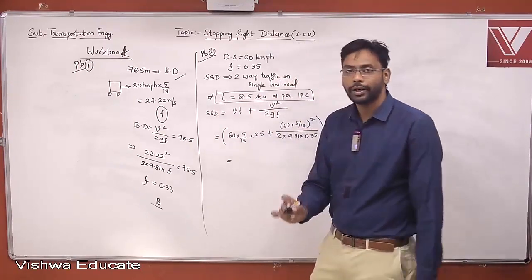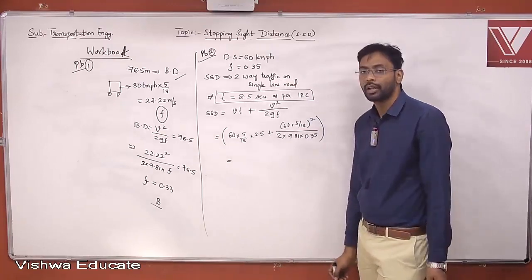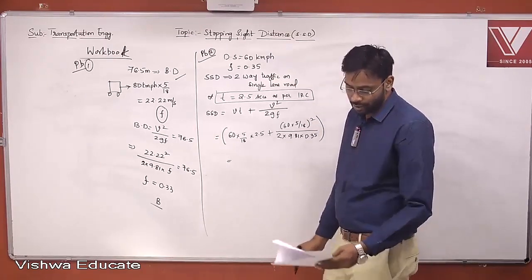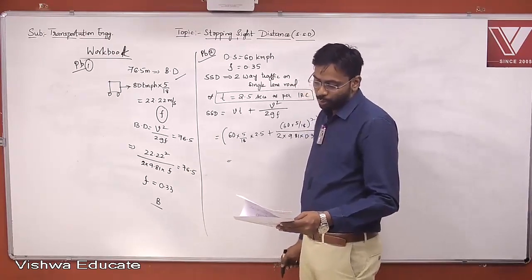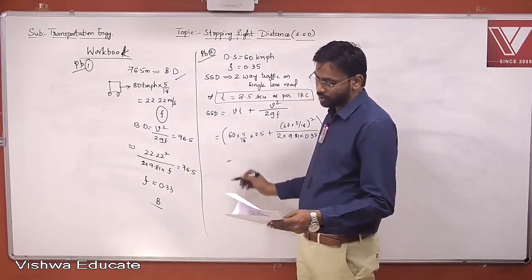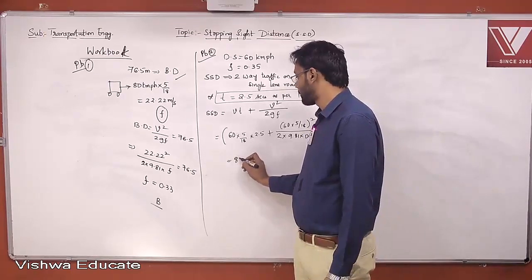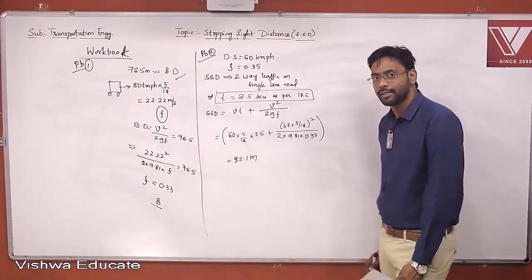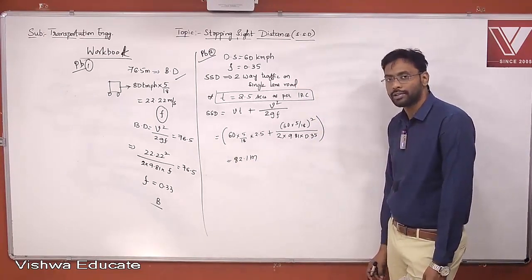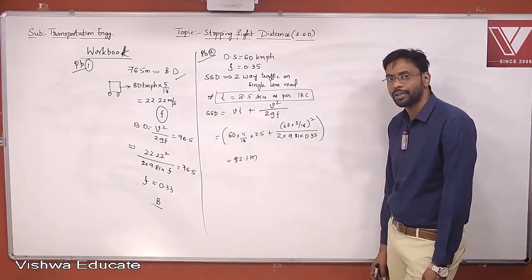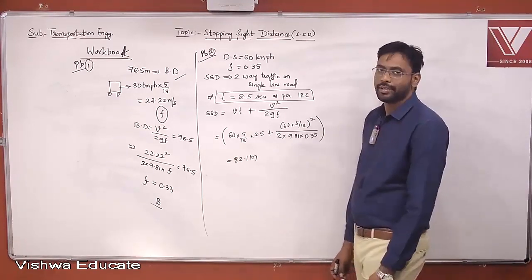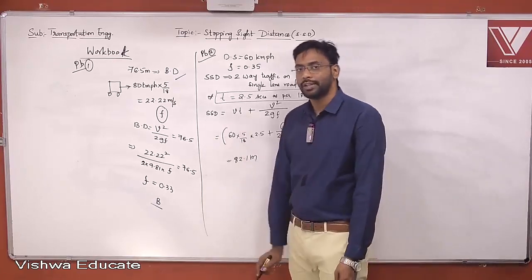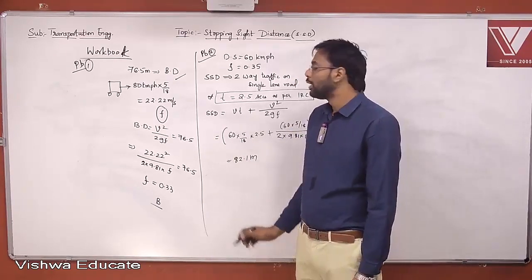So if you calculate this, it comes as how much? 82.1 meters. Right? Is that the answer? Is what he has asked us to calculate stopping sight distance? Yes, he has asked us to calculate stopping sight distance, but what is the twist here?